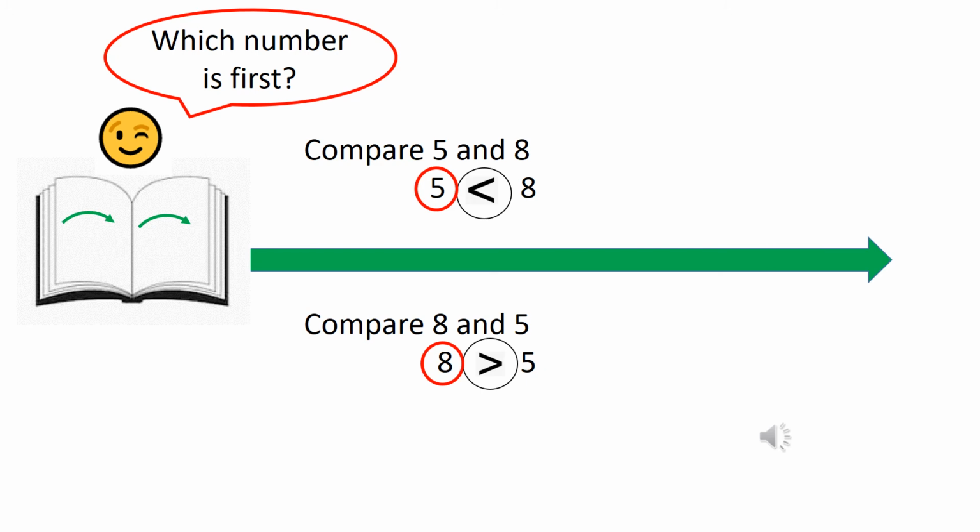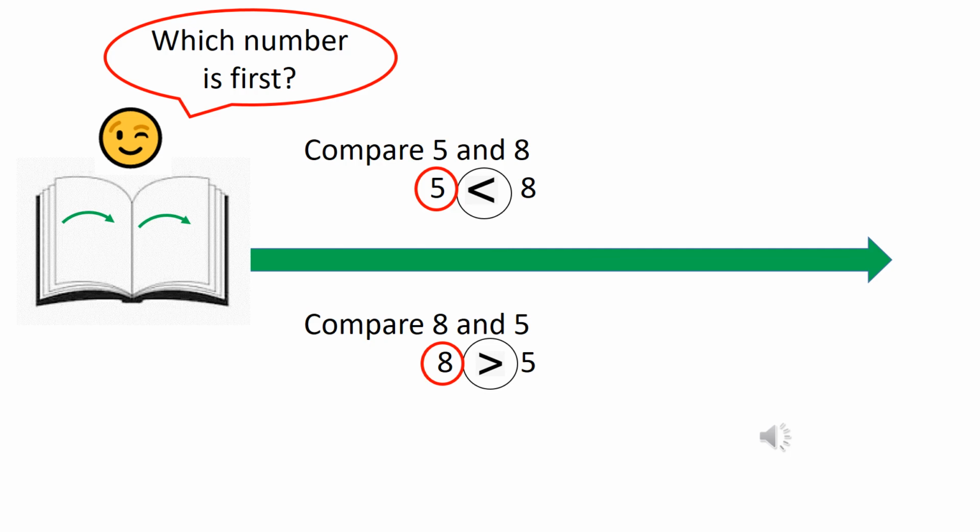Now you can see in the problem above the green arrow, when we compare 5 and 8, the correct symbol is the one that opens up to the 8 because it's bigger. And below the green arrow, when we compare 8 to 5, we select the symbol that opens up to the 8, again because it's the bigger number.